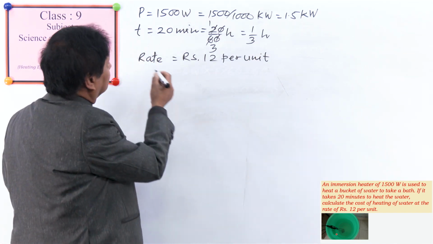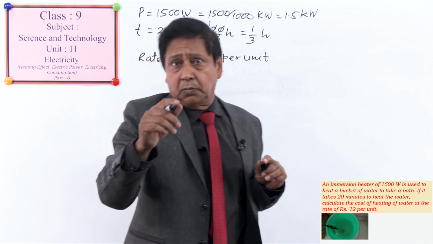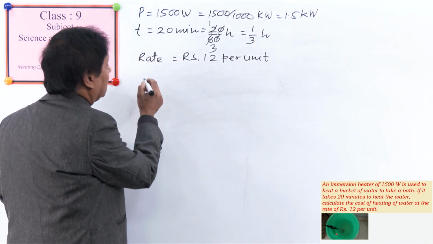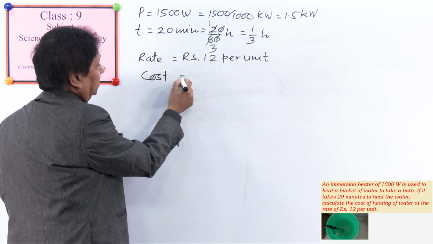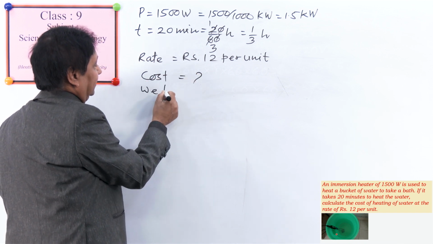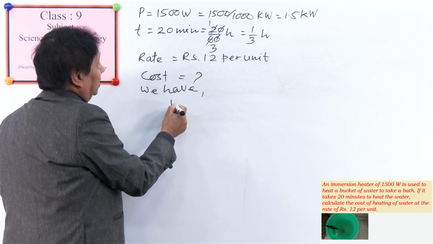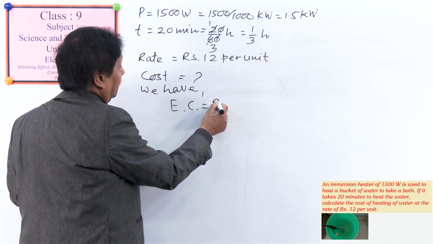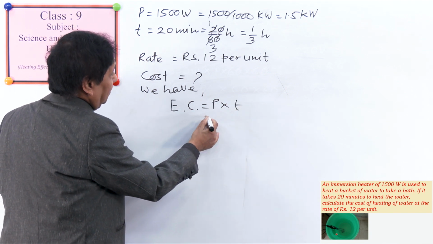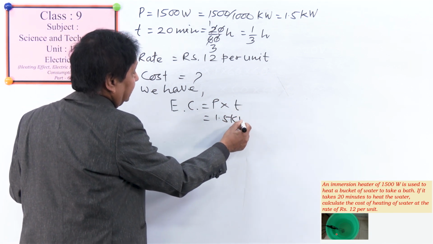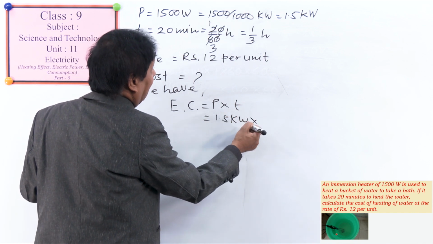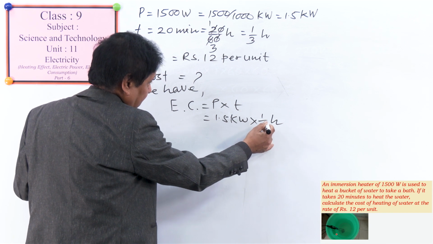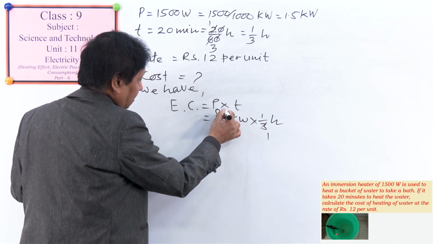Now we are using this formula, but before that, what is the question? Cost of heating. We have electricity consumed is equal to power into time, and power is 1.5 kilowatt, and time is 1 by 3 hour, and this is 3 1s are 3, 3 5s are, you can use calculator.